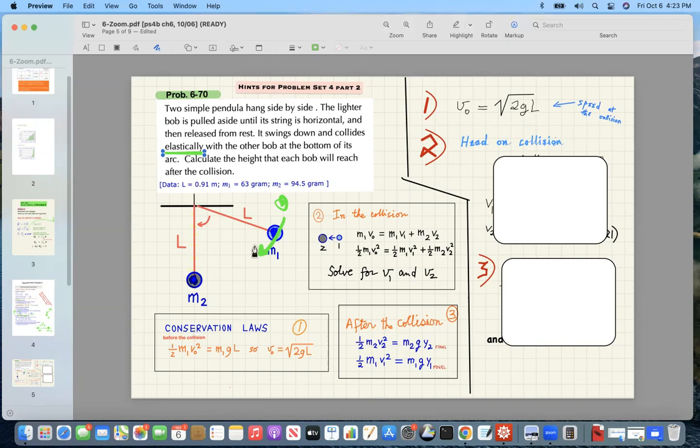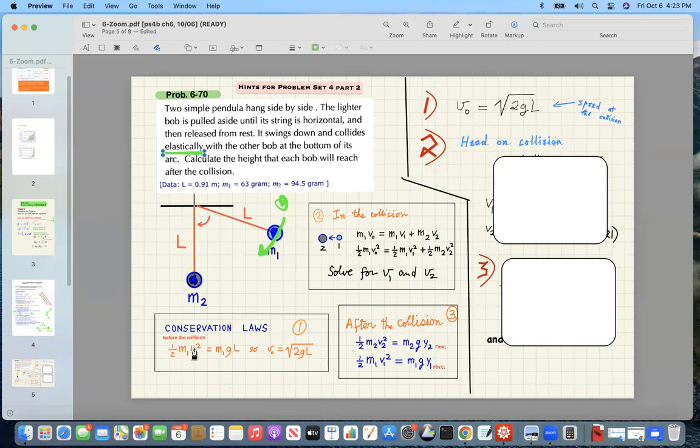We have conservation of energy when this is swinging down. And that says 1/2 m1 v0 squared is m1gl. If it's up at this point, it's at height L, so its potential energy is mgl. Well, its kinetic energy at the bottom will be exactly the same by conservation of energy.